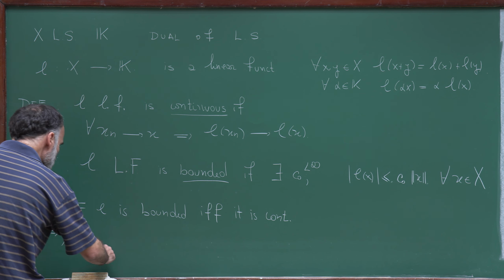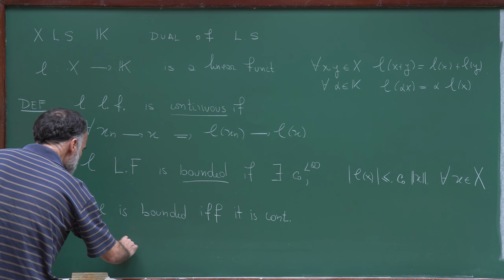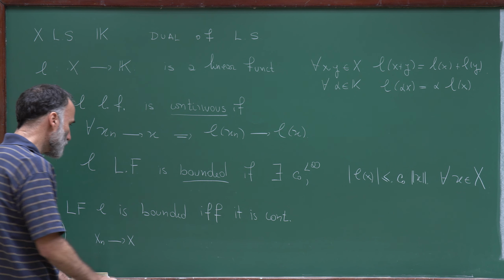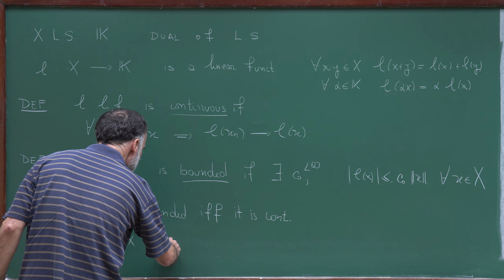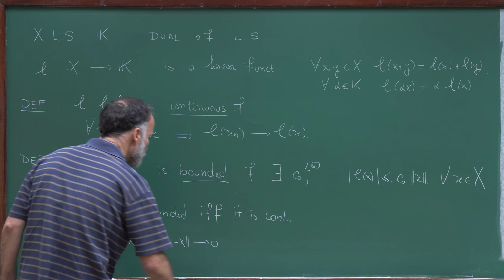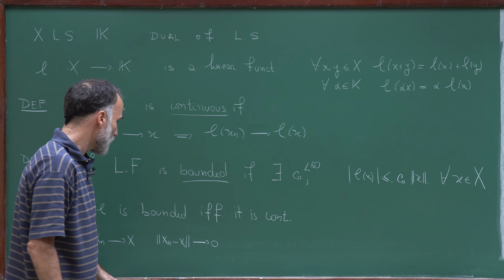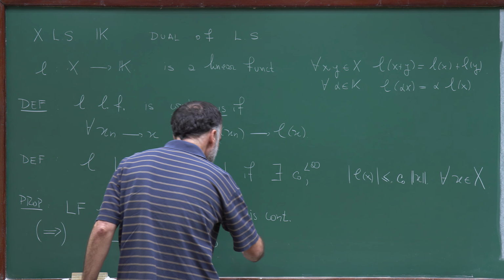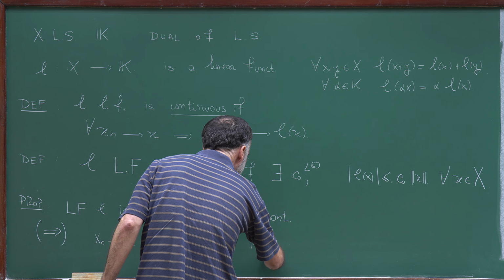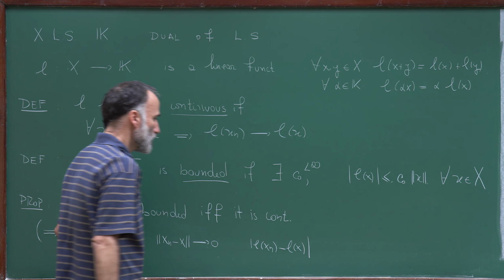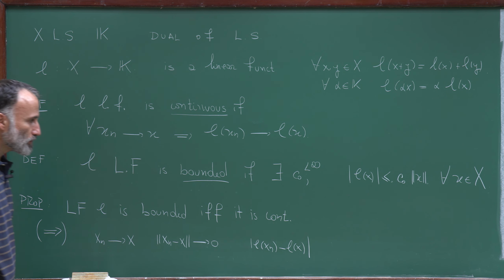To prove that it's continuous, consider a sequence xn converging to x. This means that the norm of the difference xn minus x converges to 0. We have to prove that L of xn converges to L of x. Let me take the absolute value of the difference.